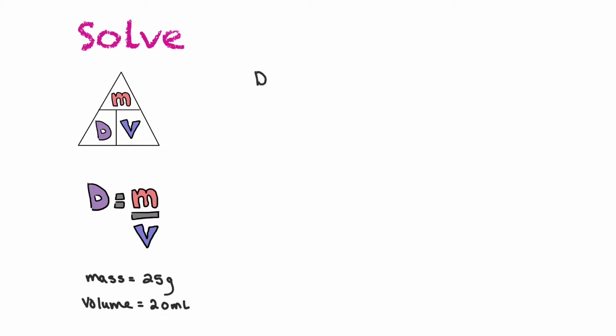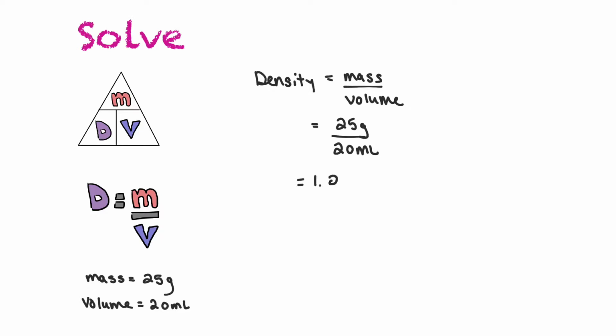So density is equal to mass over volume, so it's equal to 25 grams over 20 milliliters. If we plug those values into our calculator, we get a density of 1.25 grams for every milliliter.